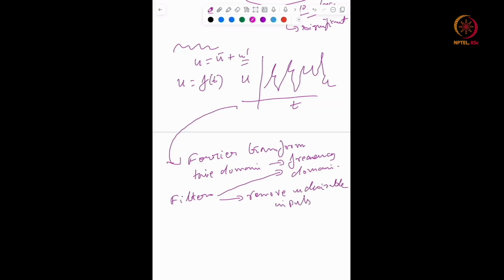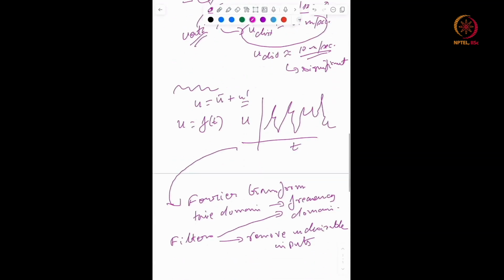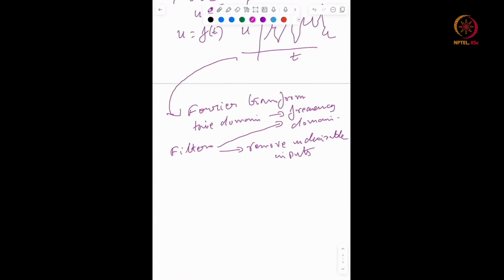So for example, if there is a ventilation creating an undesirable input, and you know the frequency signature of that undesirable input, then you can apply a filter to remove that effect completely. So there are filters which are called no pass filters.